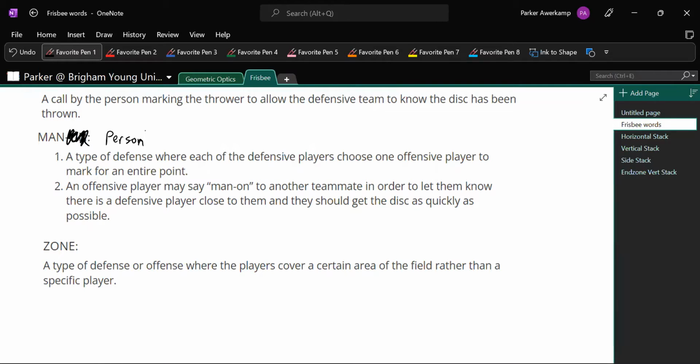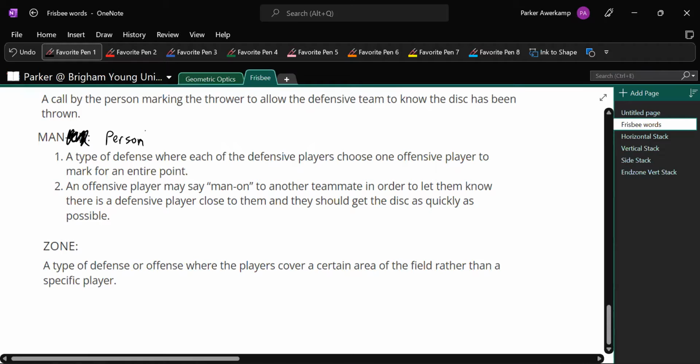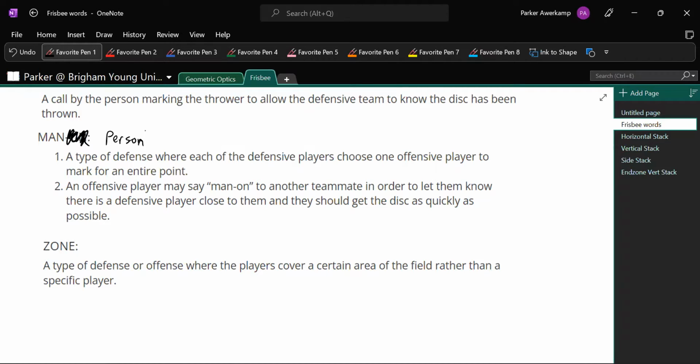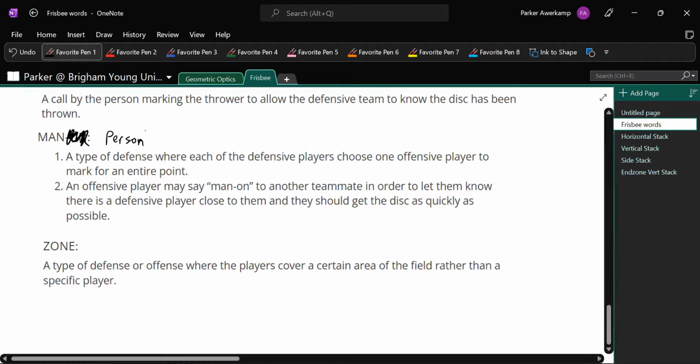And then the alternative is a zone defense, where the defensive players are in charge of stopping throws going to a specific area on the field, or preventing people from getting open only in a specific area of the field. And those are our defensive terms.